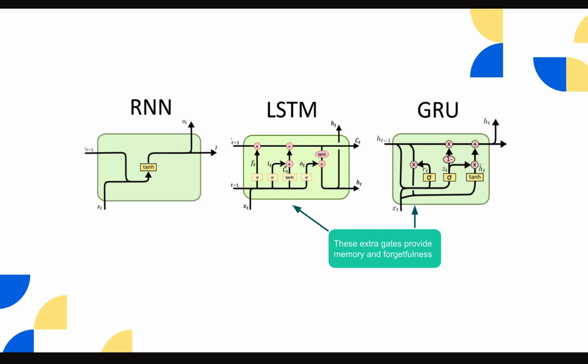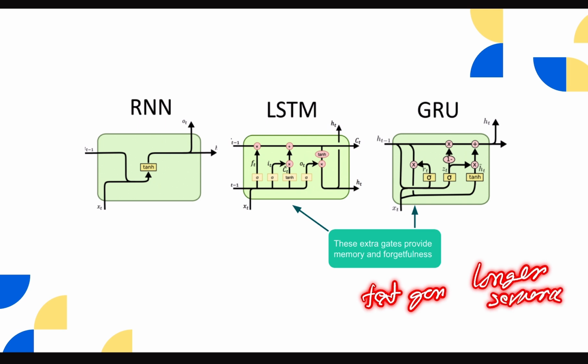This streamlined architecture makes GRU less computationally intensive while still effectively managing long-term dependencies. So GRUs maintain similar performance to LSTMs on many tasks but with fewer parameters and faster training time. Their simpler structure brings efficiency, making them a popular choice in various sequential data applications, including text generation, where they help maintain context over longer sequences. So the longer the sequences, the better the responses or generation is.